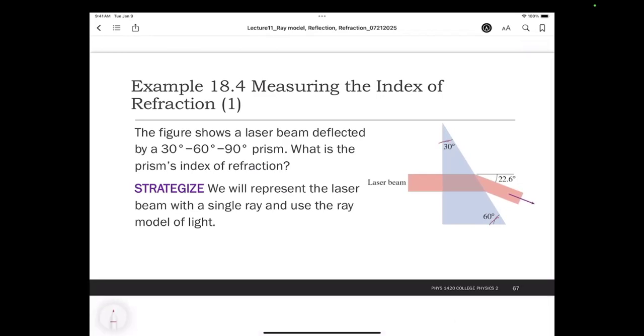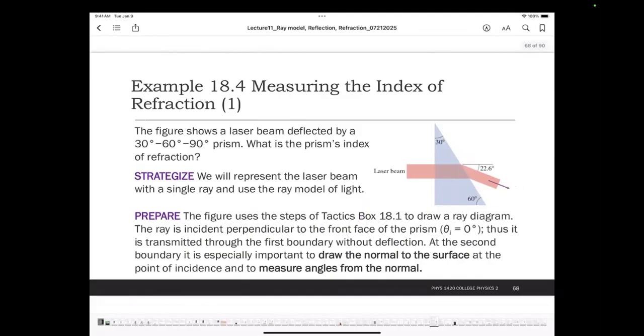This is a laser beam in a refraction situation, and we will represent the laser beam with a single ray and use the ray model of light.